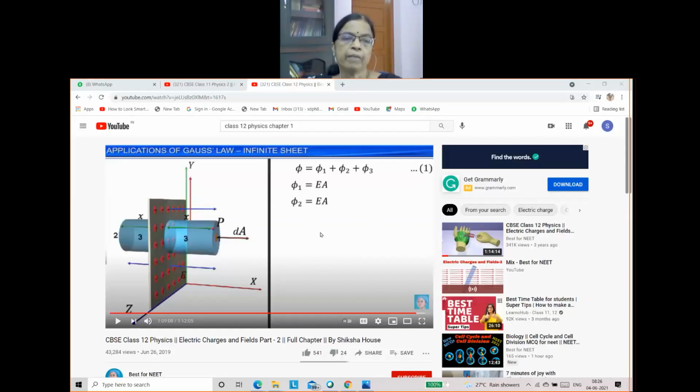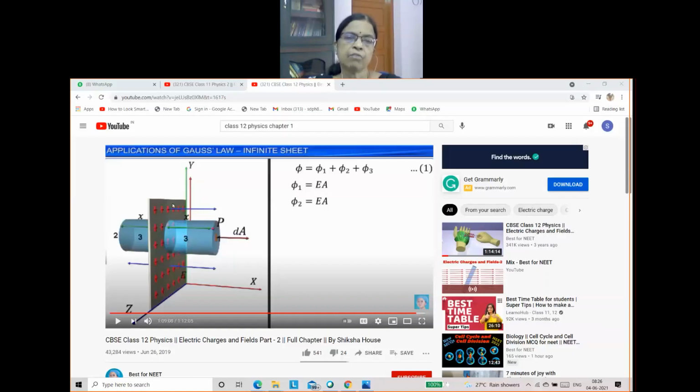See, I will explain, then you will do it. Okay. So the flux through surfaces 1 and 2 is phi 1 and phi 2. That you know, it is E into A, E into A. So what will be the total? EA plus EA, 2 EA. Phi 3 means flux through the curved surface of the cylinder. Here the area vector is the red line, and the blue line is the electric field.